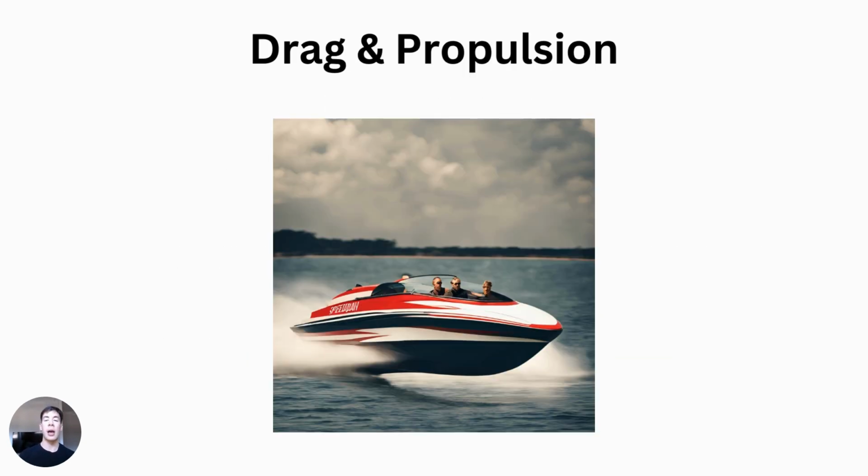A quick example I'd like to give is a speedboat. We all know what a speedboat is, and these are actually really efficient at minimizing drag and maximizing propulsion. The key thing we can see right away is that the hull is extremely streamlined. This allows water to flow smoothly over the surface and minimizes the surface area in contact with the water.